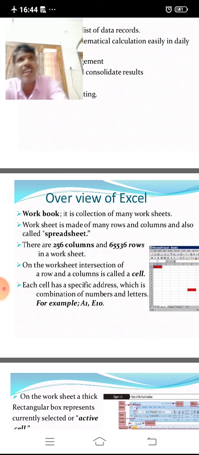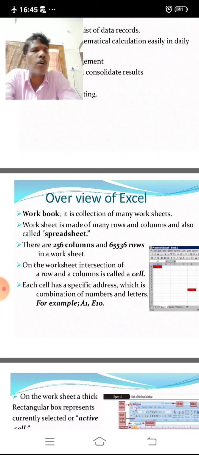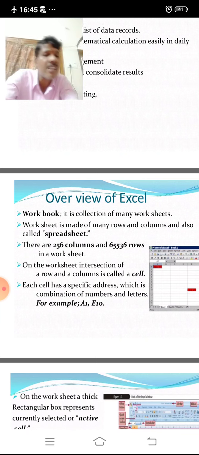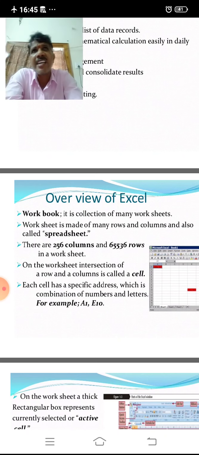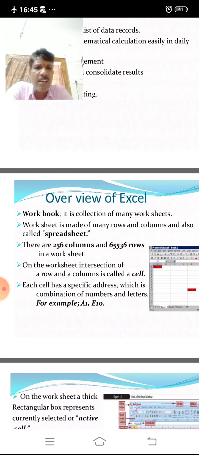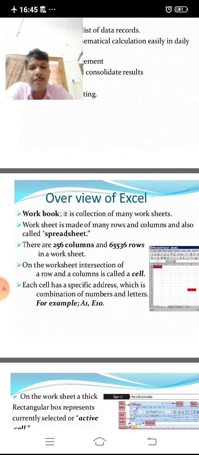Example, A1 means column A, row number 1. A100 means column A, 100th row, that is the cell. Its address is A100, where A is the column name, whereas 100 is the row number. One more example is E10: E is the column name, whereas 10 is the row number.